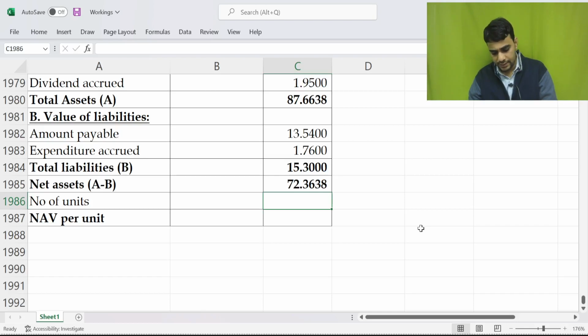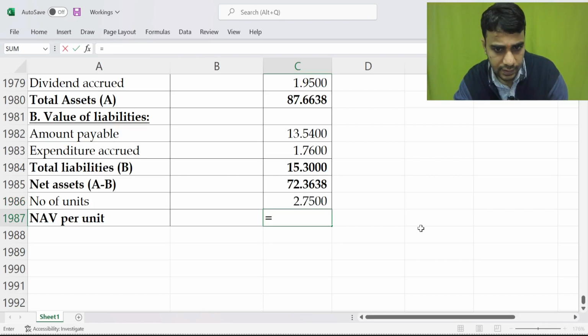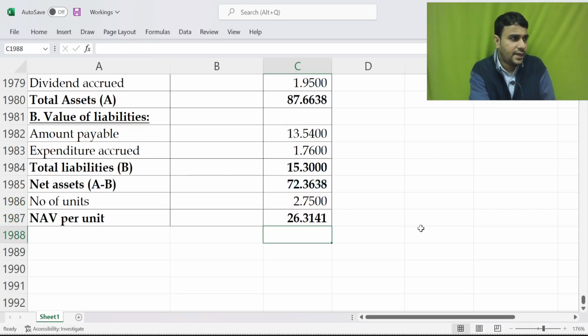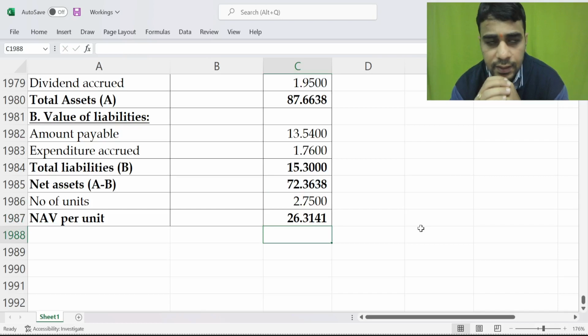How many units are there? 2 point, and NAV is 26.3141. We have taken various assets given in the question, valued them and got to the answer. Any doubts on this? Clear? Can we proceed?